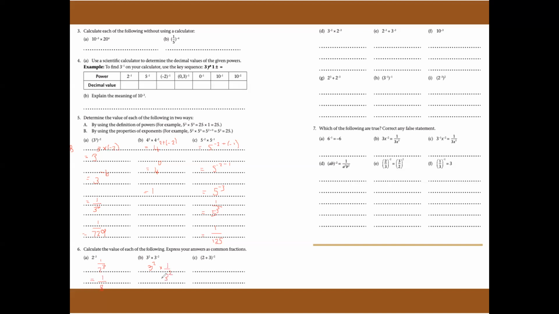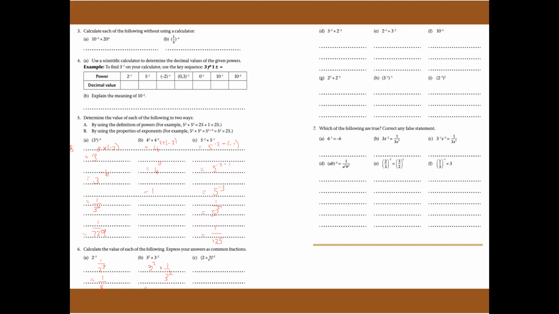So they're going to cancel out to give you 1 eventually, but it needs to be expressed as a common fraction. So you can make it as 3 to the power of 2 over 3 to the power of 2. So it's up to you because your final answer when simplified gives you a whole number of 1.